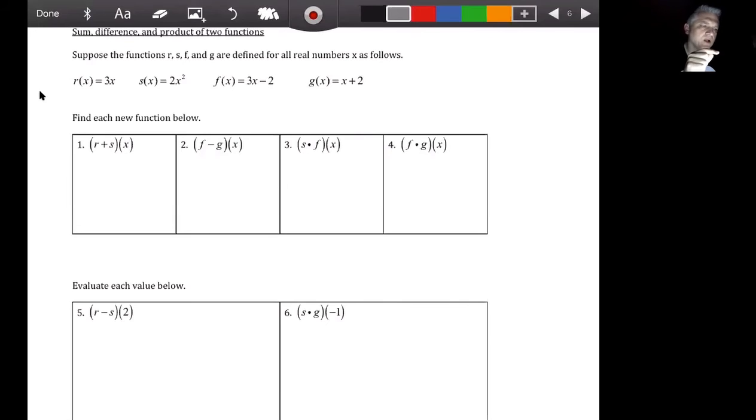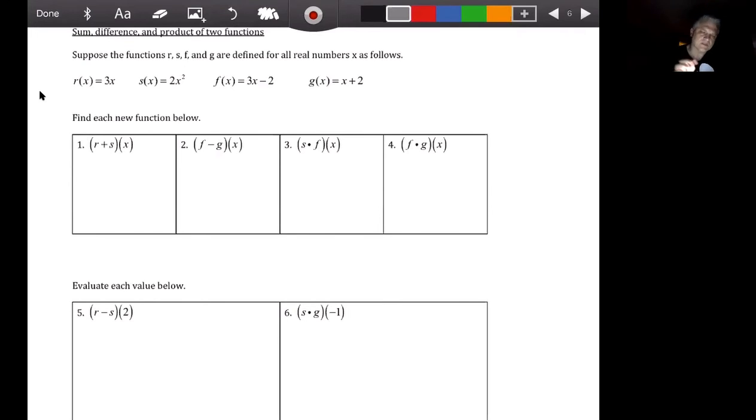So we're going to take the sum, which means you add, the difference, which means you subtract, and the product, which means we multiply, of two functions. We're just going to add, subtract, and multiply some stuff. Let's look at number 1: r plus s of x.